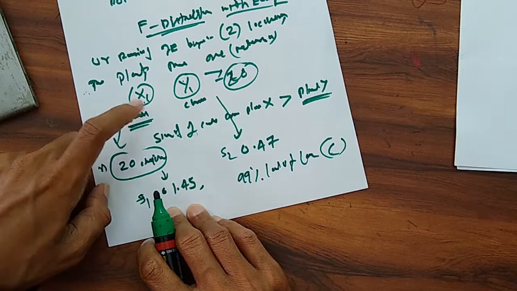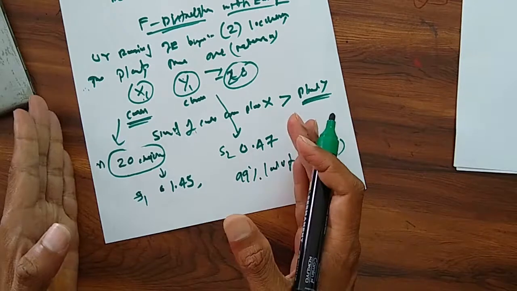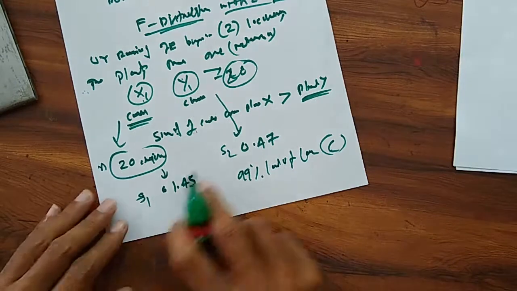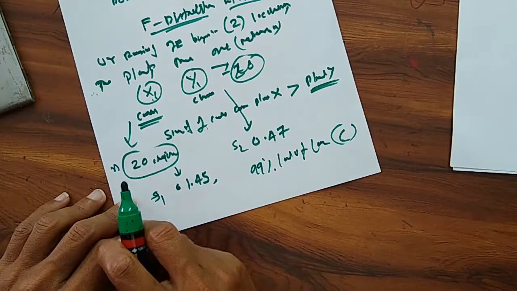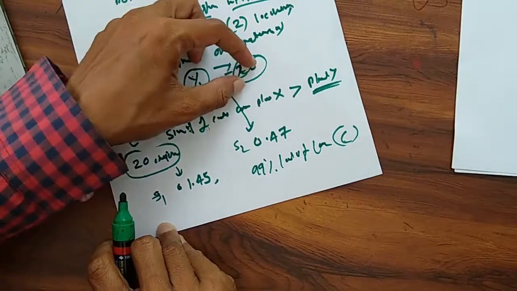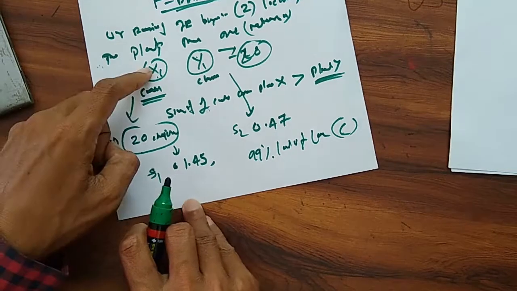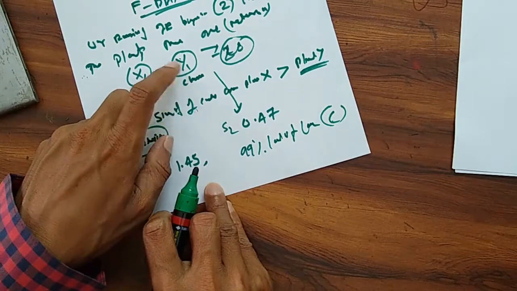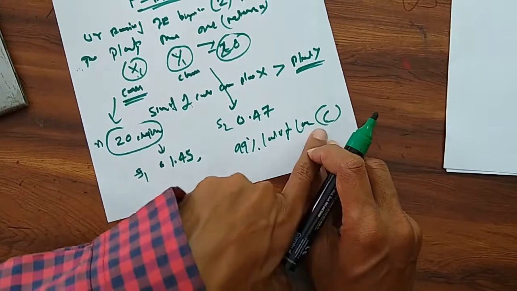You have a doubt that in location X we are creating bigger size cell phones compared to location Y. To clarify this, we took 20 cell phones from location X and 20 cell phones from location Y, and we calculated the variance in location X, that is 1.45, and likewise location Y variance is 0.47, with 99% confidence level.